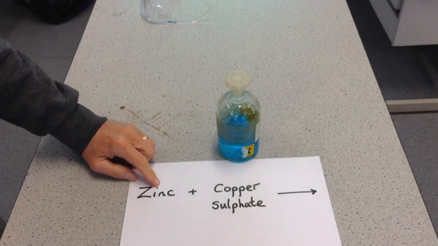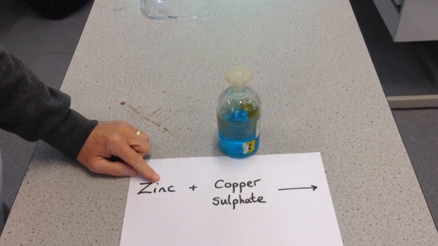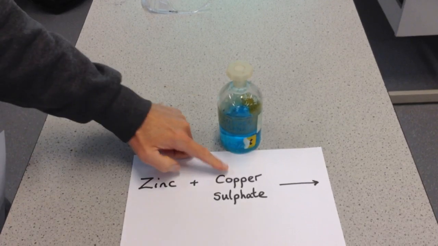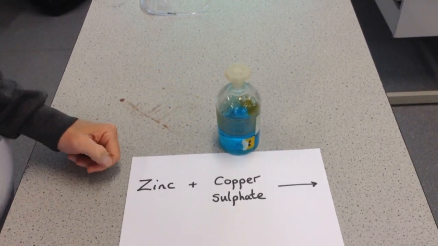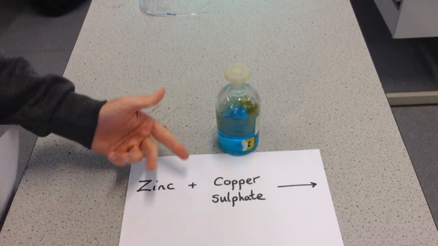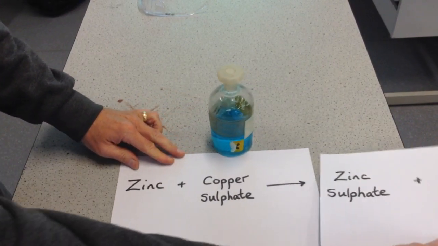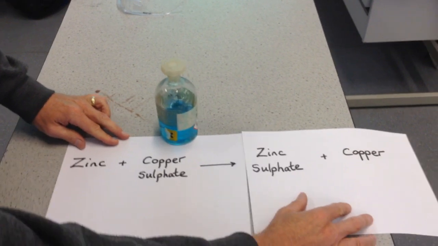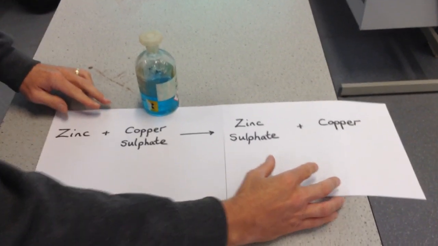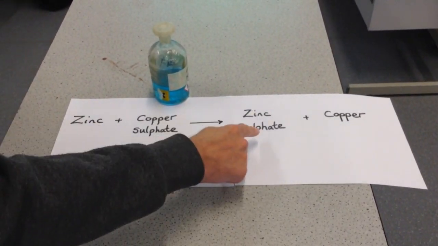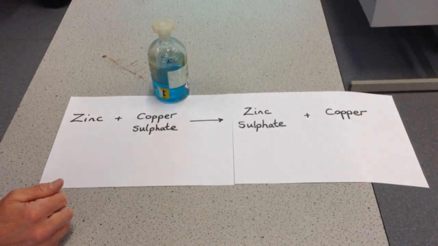Zinc is higher up the reactivity league than the copper, and it is able to take the place. It's able to displace copper. So it kicks copper out of the copper sulfate solution. And the right-hand side of the equation is as follows. It becomes zinc sulfate and copper.